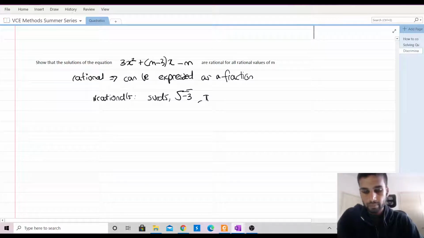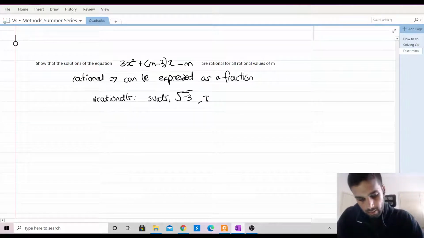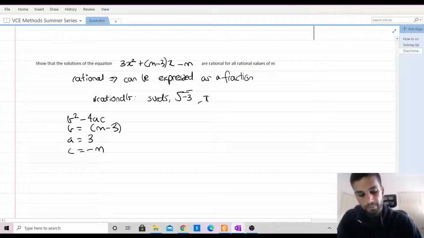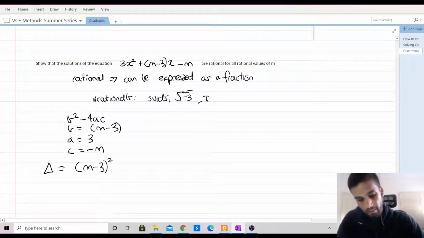Okay? So, what we're going to do is first find out the discriminant of this equation. So the discriminant is b squared minus 4ac. In this case, b is m minus 3, a is 3, and c is negative m. So the discriminant is m minus 3 squared, b squared, minus 4 times a times c.